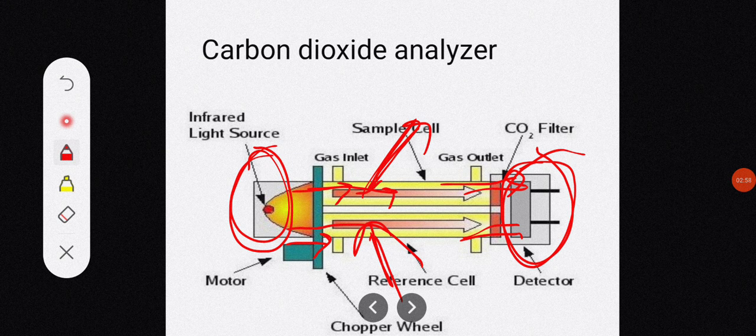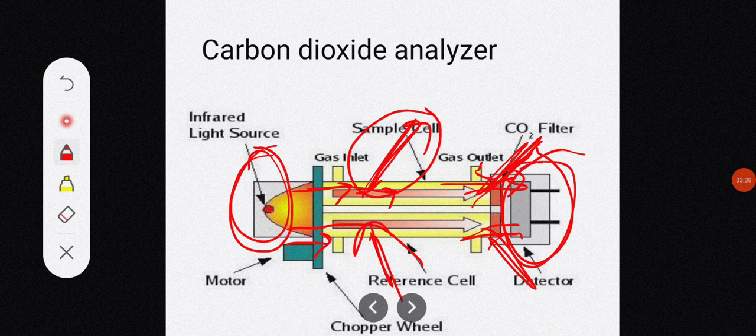The detector measures these two signals, from the reference cell and the sample tube, and finds their difference. This difference is proportional to the amount of absorbing gas in the sample. So what is the absorbing gas in the sample? It is the CO2 gas. So this difference between the two signals is proportional to the amount of CO2 in the sample cell.